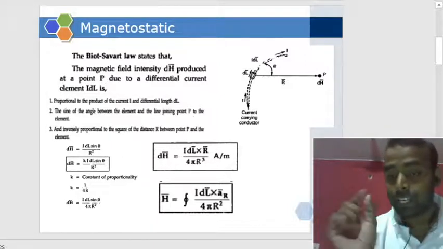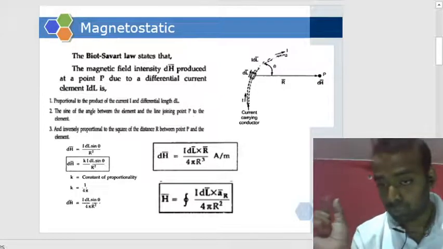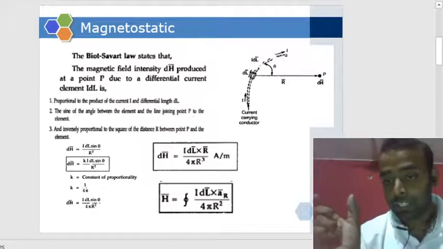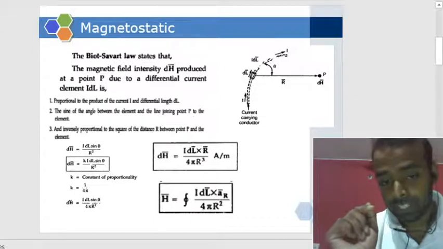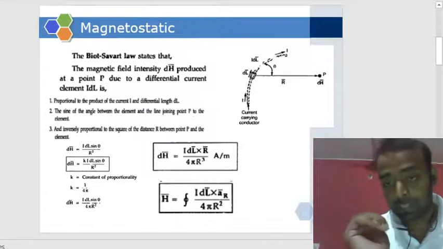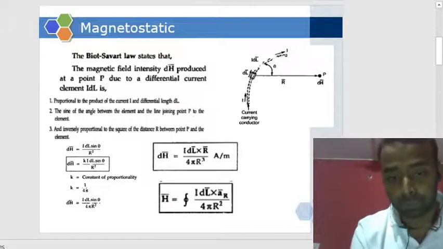इस डिफरेंशियल लेंथ से P उस R डिस्टेंस पे जो पॉइंट P है, उस पॉइंट पे जो लाइन उसको ज्वाइन करती है, तो उसमें बीच में एक एंगल बनेगा, उस एंगल का साइन उसके भी डायरेक्टली प्रोपोर्शनल है.